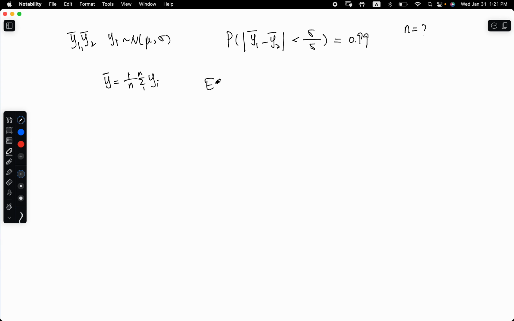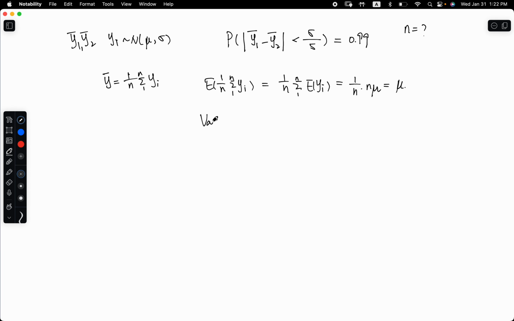So let's find the expectation of this. We will have 1 over n and then the summation from 1 to n of the expectation of yi. Each of the yi has a mean of mu, so this is just 1 over n copies of mu, and that is equal to mu.